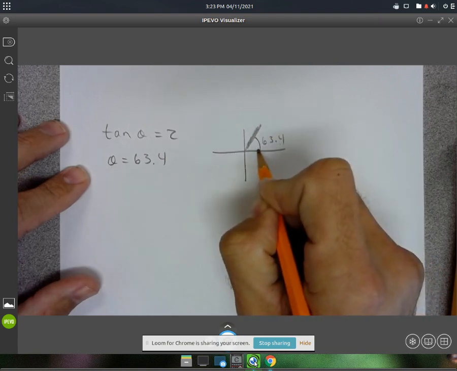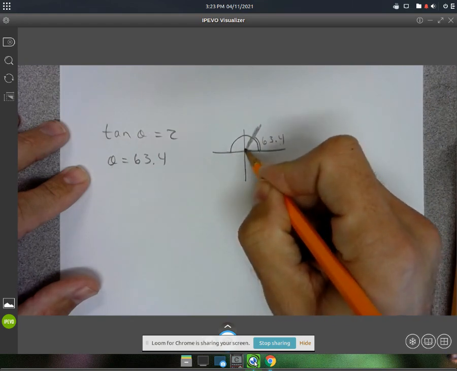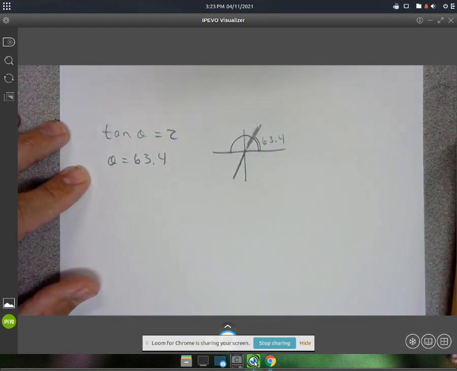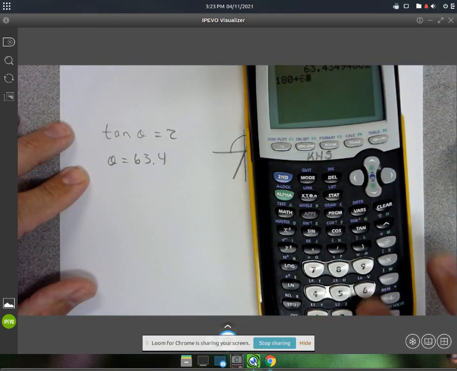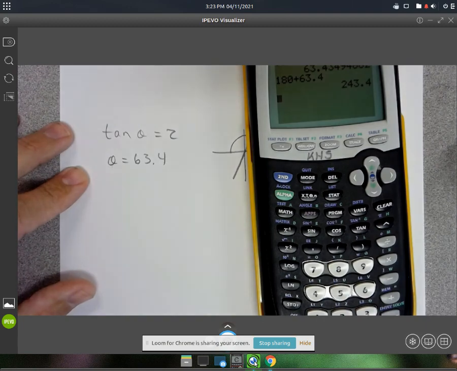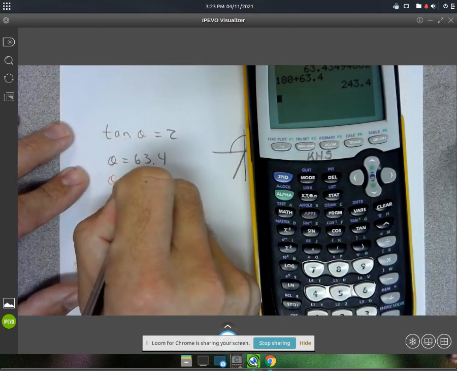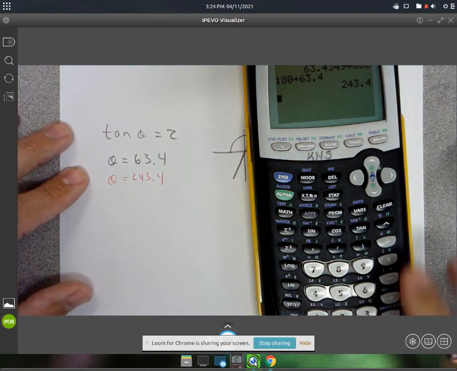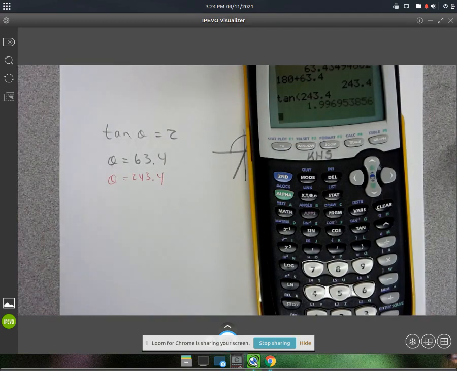So this is just going to be 180 plus another 63.4. Okay, so 180 plus 63.4, 243.4. That's my other angle. And I'll check it real quick. Tangent of that should equal 1.99. That's pretty close.